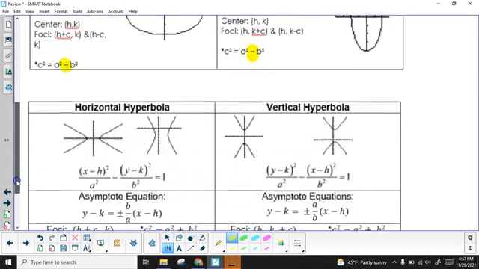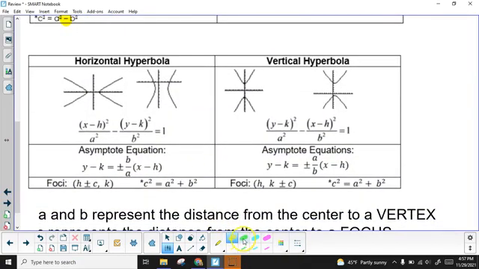And for a hyperbola, here is our basic information. The equation looks very similar to the ellipse equation, but there is a minus sign, and that is significant. If there is a minus sign in our equation, then our a, b, c relationship is going to have a plus.